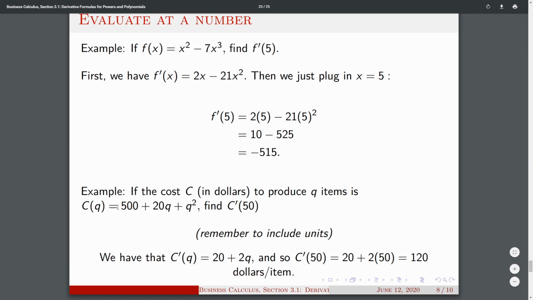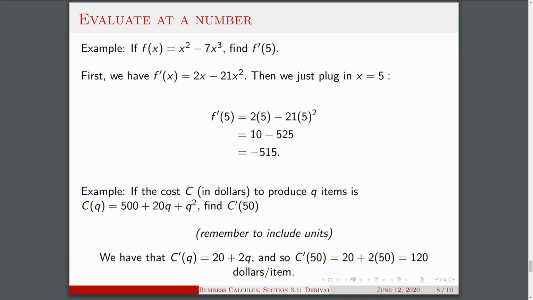Okay, so let's find the derivative of this function first. What's the derivative of 500? Well, that is 0 because that is just a constant function, right? Just a constant. So it goes away. What's the derivative of 20q? That would be 20.